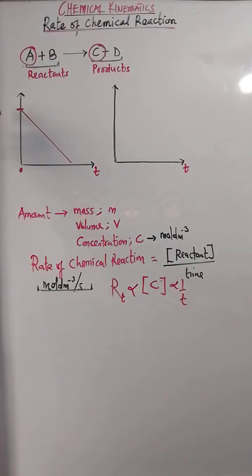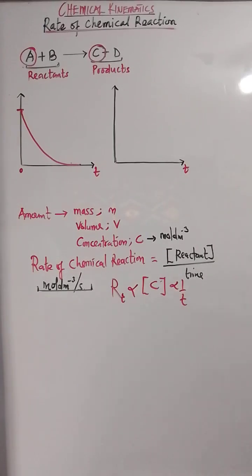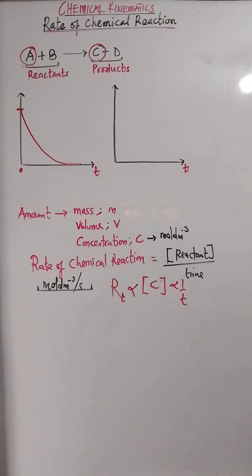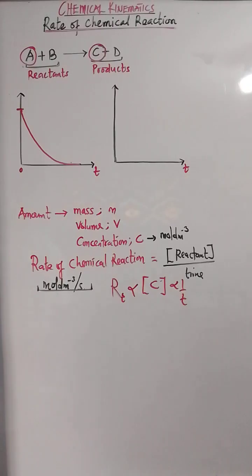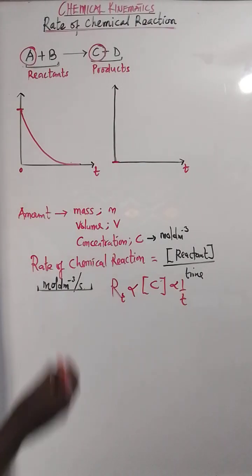So if we sketch the rate of chemical reaction against time, we are going to get something like this. The reactant is used up from the initial value until it reaches 0. At the beginning of the reaction, there's no product formed at all.